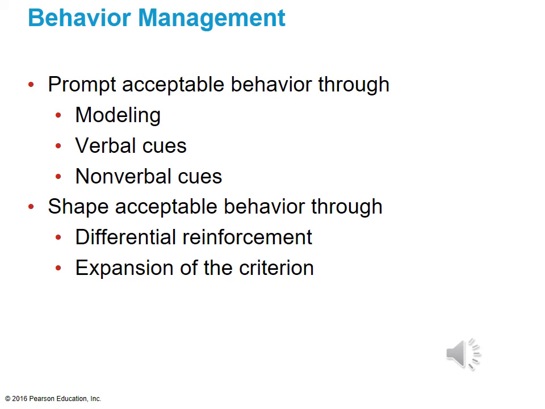You're going to use this differential reinforcement by reinforcing those students who meet the 5-second criteria. You're going to tell them good job, and those students who are taking longer to put the equipment down on the floor, you're going to ignore them.